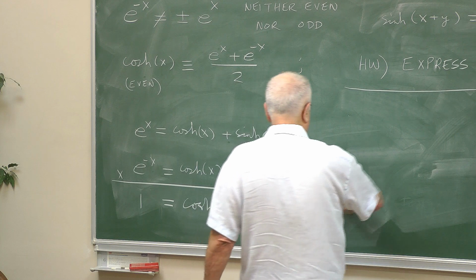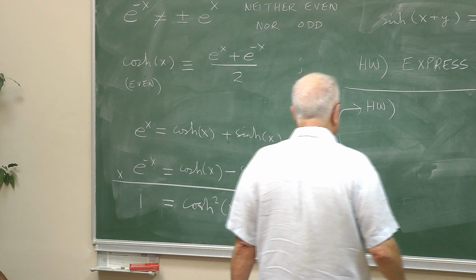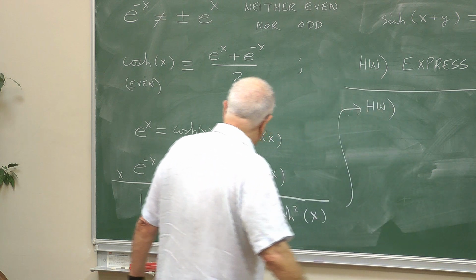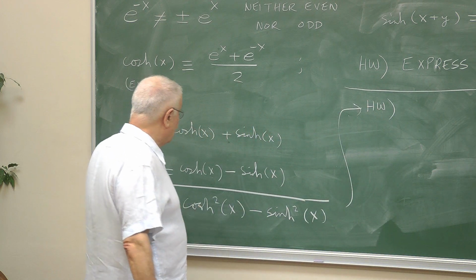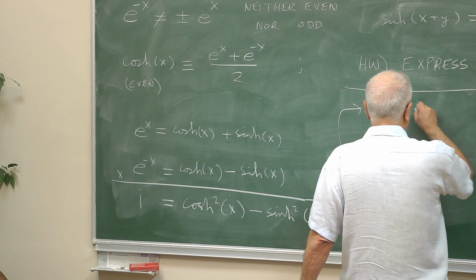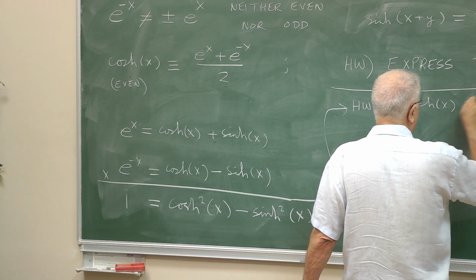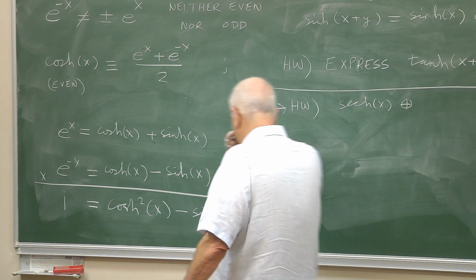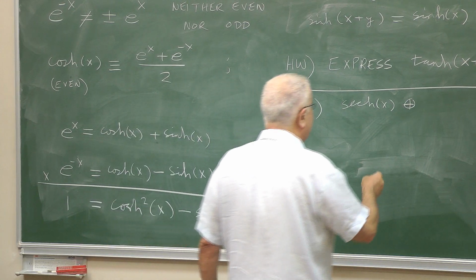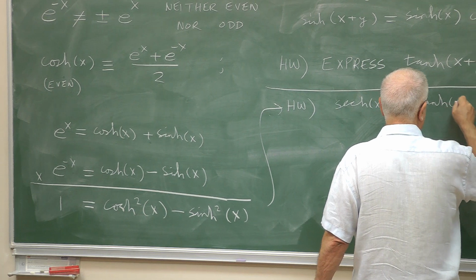So another homework exercise would be if one divides this by cosh square, so there will be a relationship between hyperbolic secant and hyperbolic tangent.